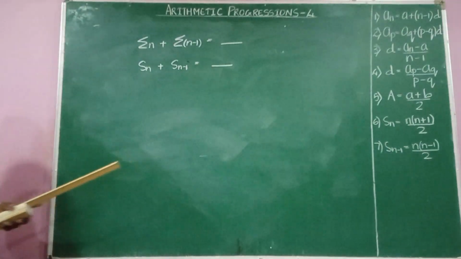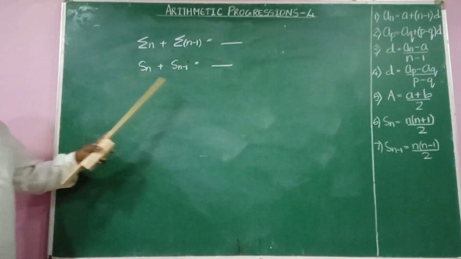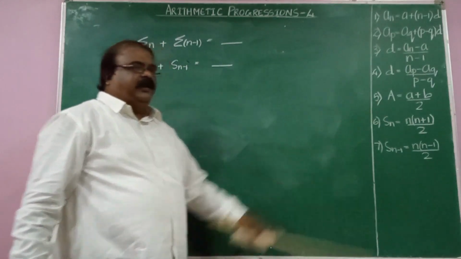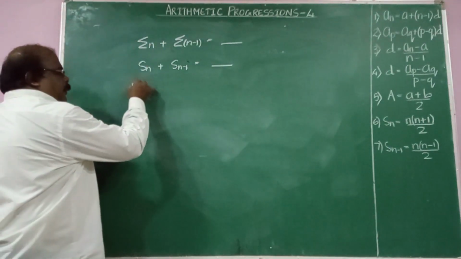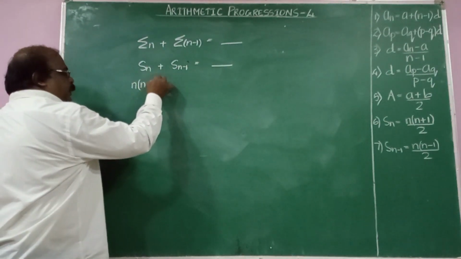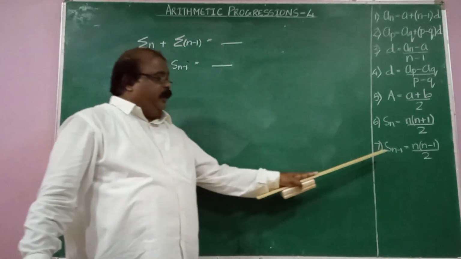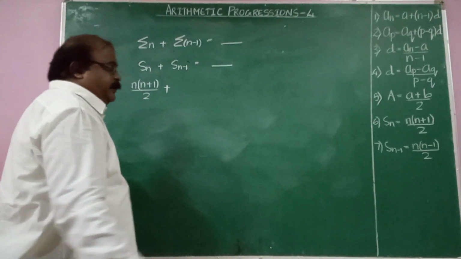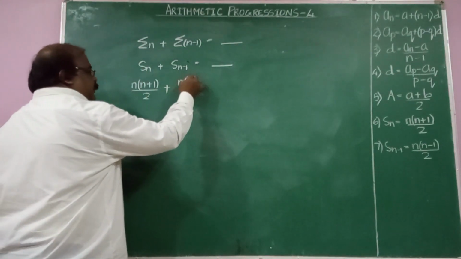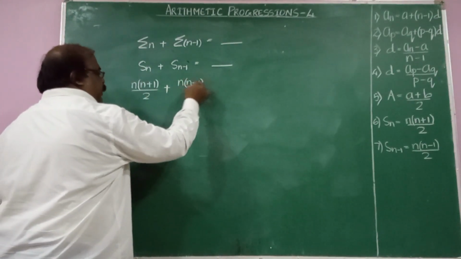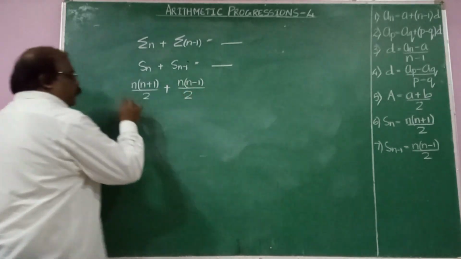Fill in the blank. What is Sn? Just now we have learned, n into bracket n plus 1 upon 2. What is S of n minus 1? S of n minus 1 is n into n minus 1 upon 2.